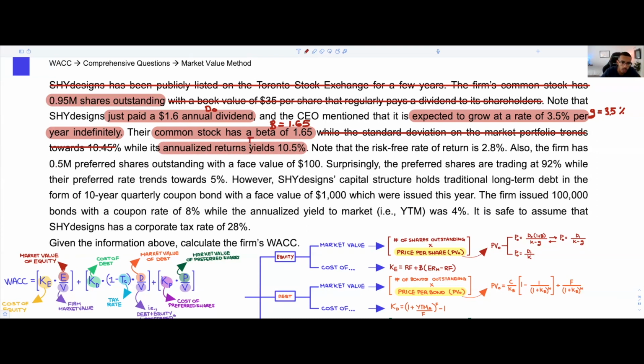So let's go ahead and highlight this as being equal to 10.5%. They're also letting you know in the next sentence that the risk-free rate of return is 2.8%. That's very important to us because we know that also stems within our CAPM formula. So far, so good. We're having a good time.